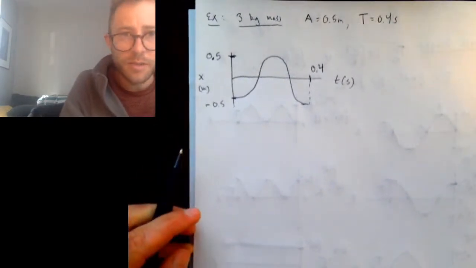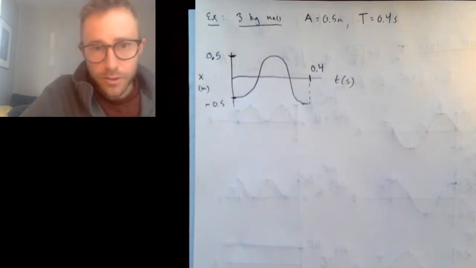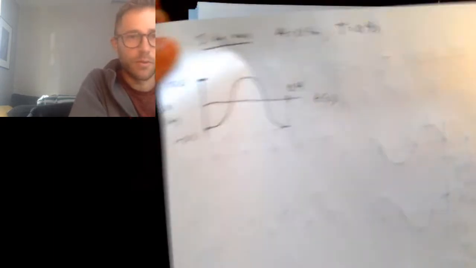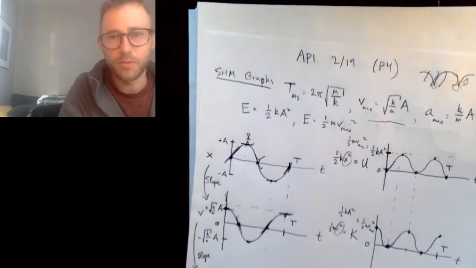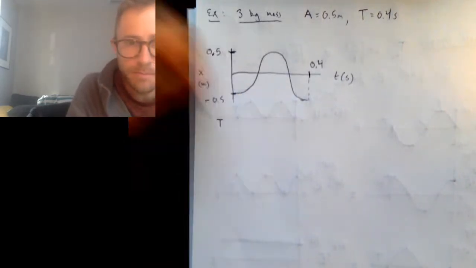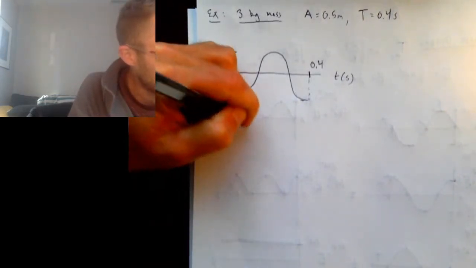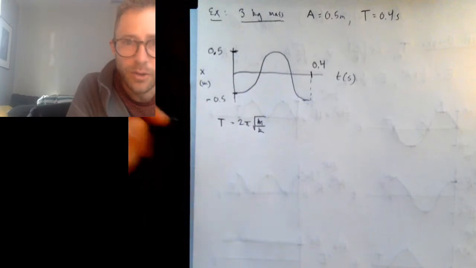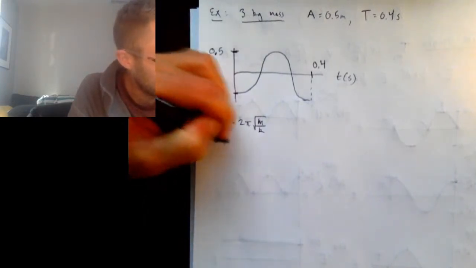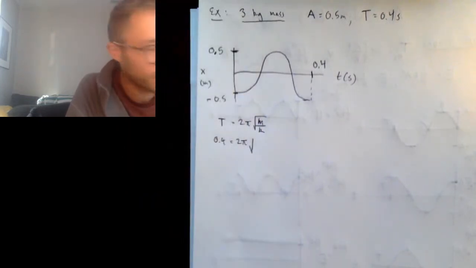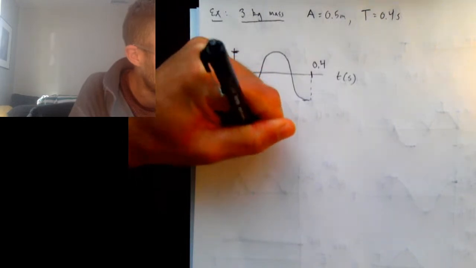So now I'm going to do a sidebar calculation where I figure out all of these formulas, everything I need to know from those formulas. The first thing I'm going to do is use period is 2 pi square root of m over k. So I know that the period is 0.4 seconds, equals 2 pi square root of m, I was told that it was a 3 kilogram mass, over k.